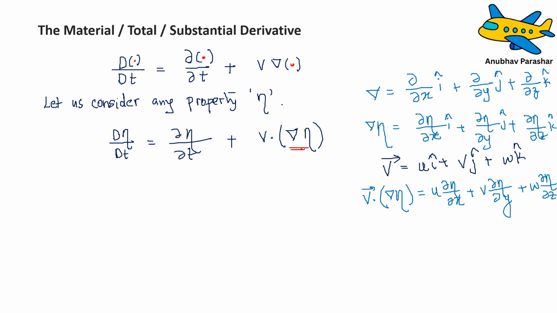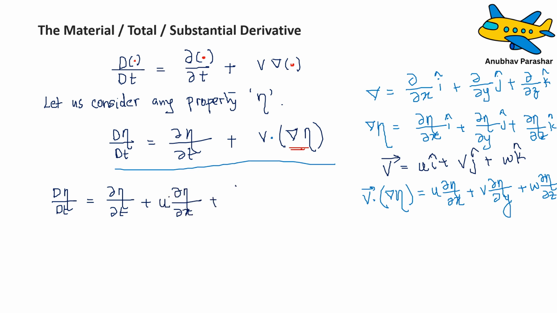Now if you expand this formula, this is how it is going to look. D eta by Dt is nothing else but del eta by del t, plus the change of eta in the x direction with velocity in the x direction, plus the change of eta in the y direction with velocity in the y direction, plus the change of eta in the z direction with velocity in the z direction. Don't worry, we are going to understand each and everything. I'm just expanding it for you.